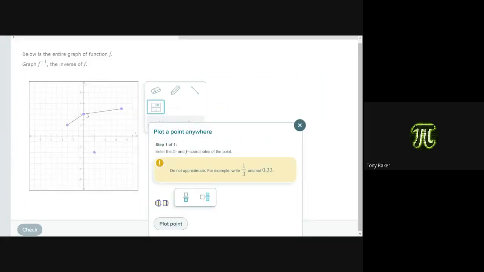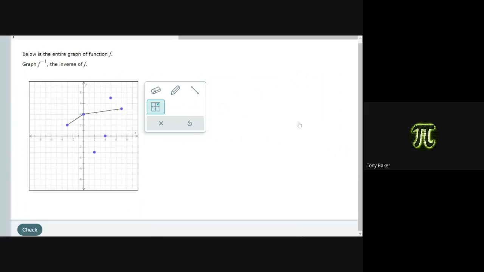That point's at 0, 4, so my next point's at 4, 0. That point's at 7, 5, so it's at 5, 7. And then connect your dots. And don't forget to erase the extra points you graphed, or it'll mark it wrong.